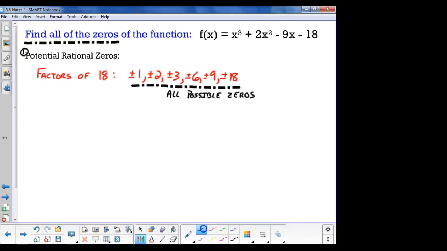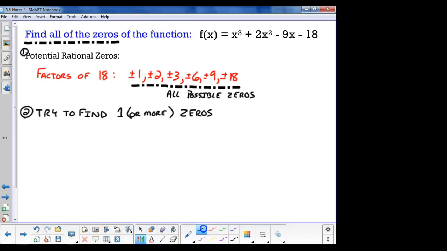So from the list, pick me a number. 18? Okay, so we picked 18. So now, here in step number 2, we are going to try to find one or more zeros. Okay?